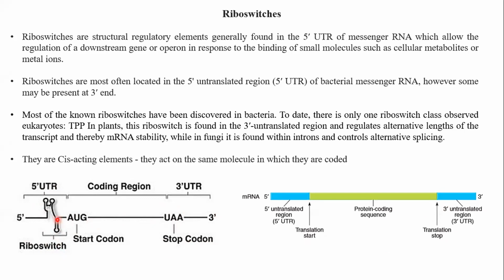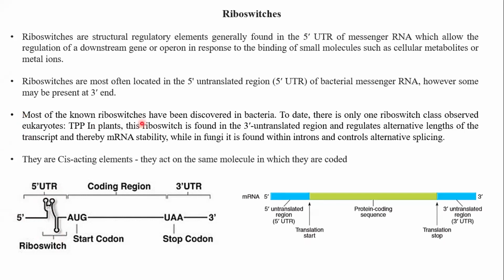Now you know that stem means there must have been a complementary sequence, and loop means there is no complementary base pairing. That means this riboswitch has a sequence which can form this secondary structure.